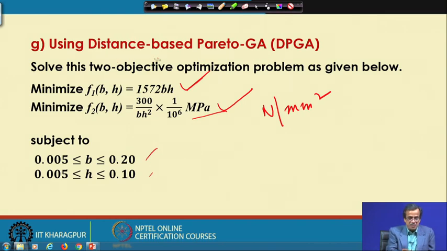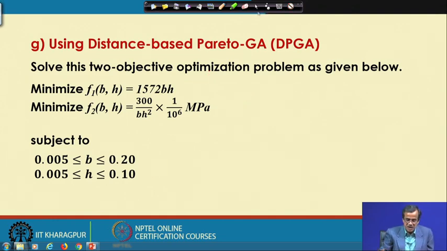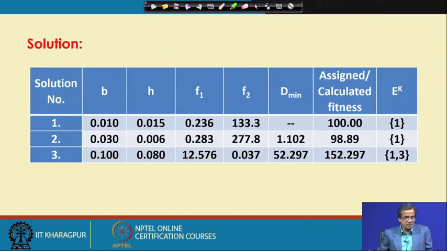The working principle of this distance based Pareto GA, that is DPGA, I have discussed in detail, and now I am going to use the principle of this DPGA to solve this two objective optimization problem, that is, this real world problem.